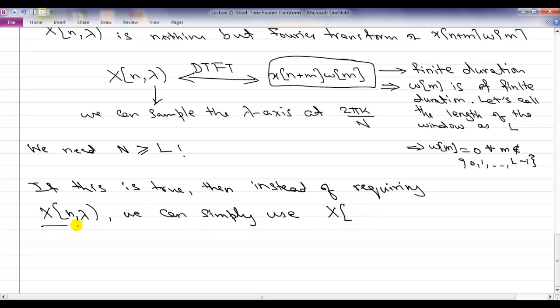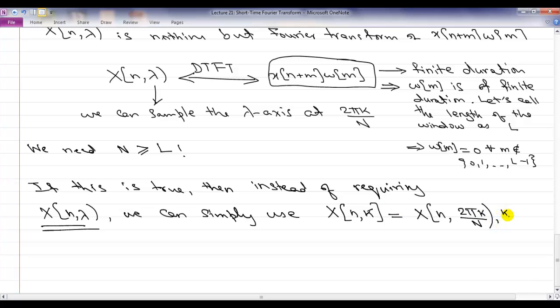So this notation, the way we have been doing, right now one of its arguments is continuous valued, but we can replace that by a discrete sequence X_n[k], which is simply given by X_n(2 pi k over capital N). Just sample my frequencies at 2 pi k over N, and that is enough for me to reconstruct.